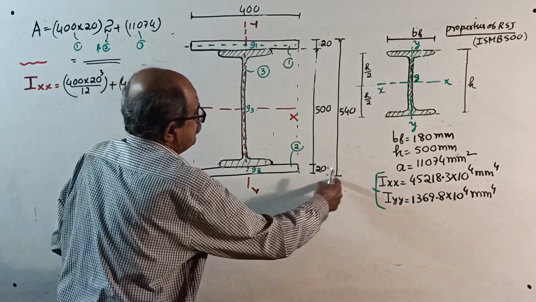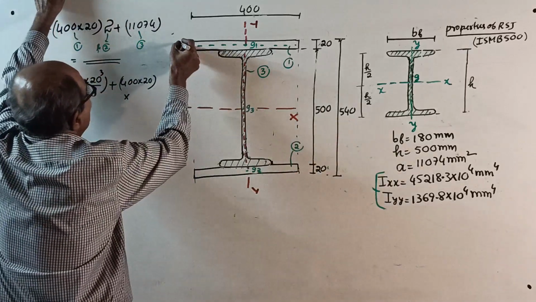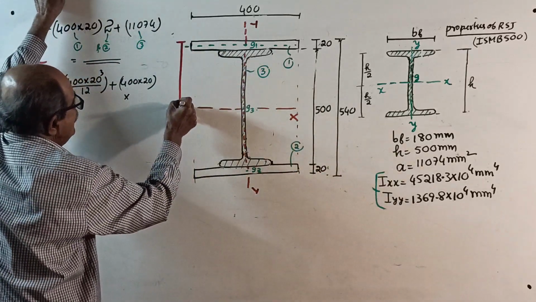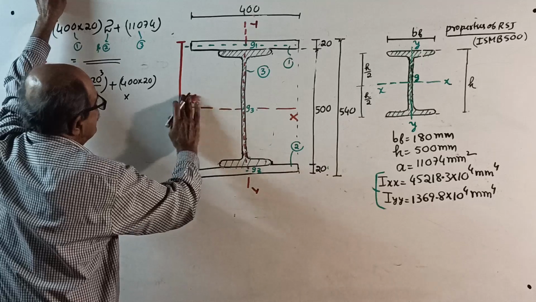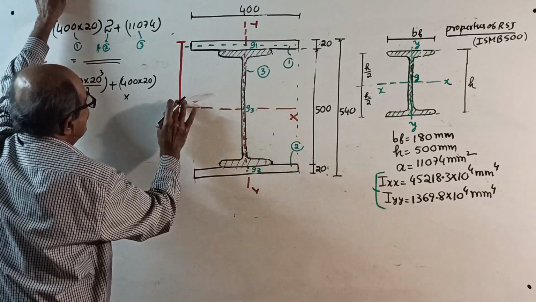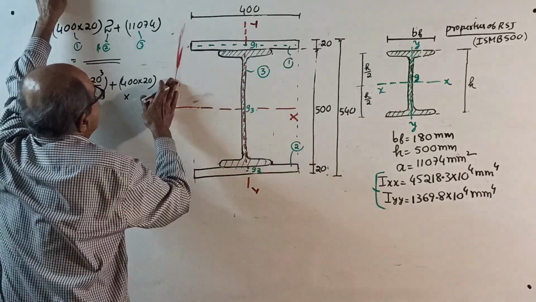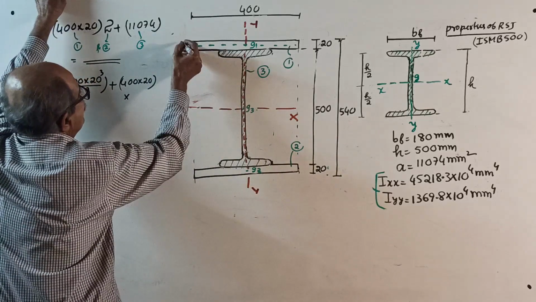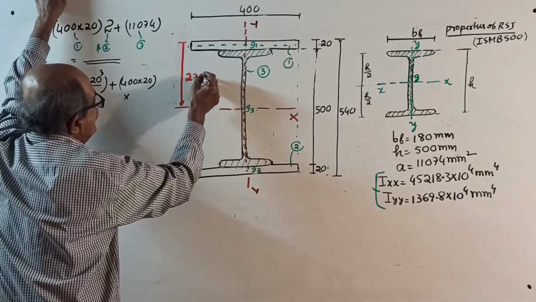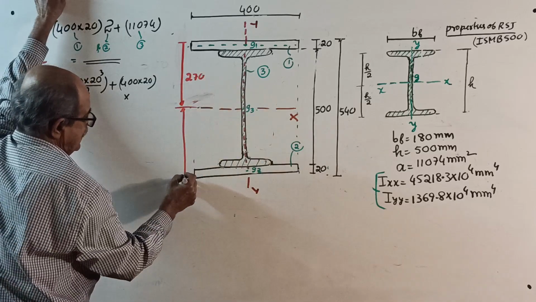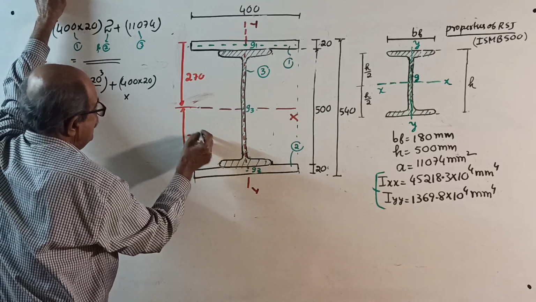When total is 540, the extreme fibers, both of them will be, see, I do one thing, x-axis. From here to here is 270. This also is 270. This is your x-axis.